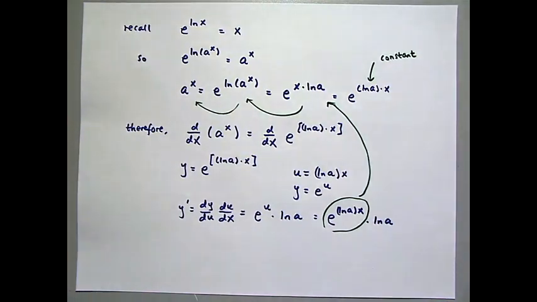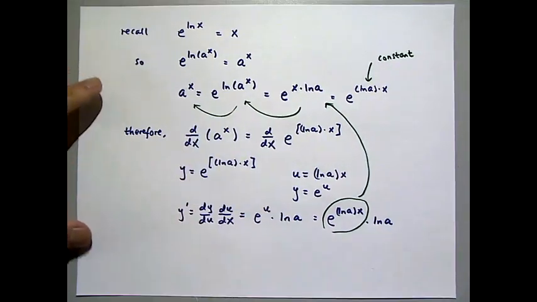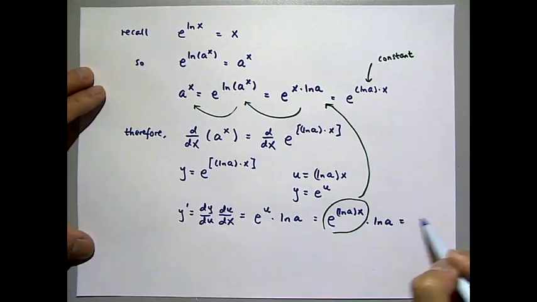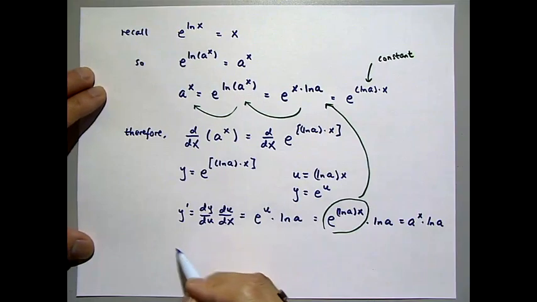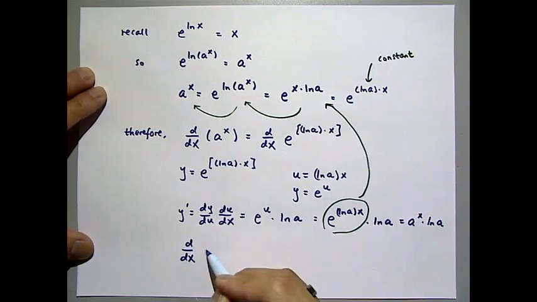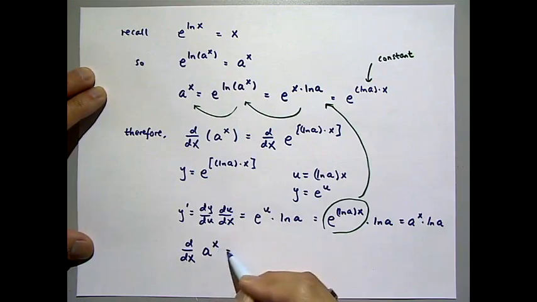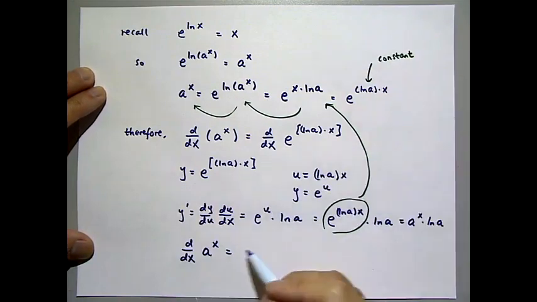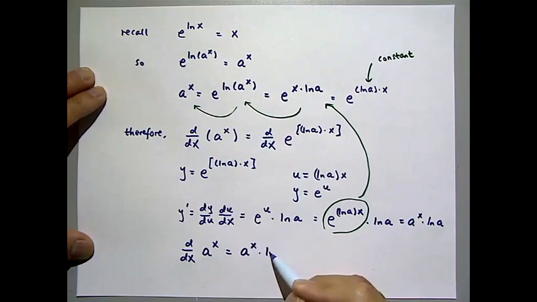So that thing I circled in green really is just a to the x times ln of a. So now, therefore, the derivative of a to the x, after all of that, we found out will be a to the x times ln of a.